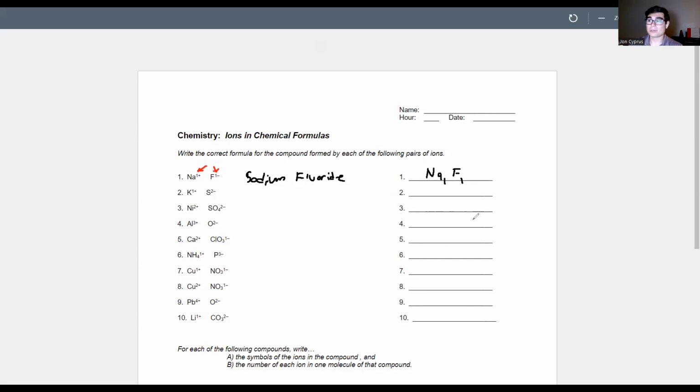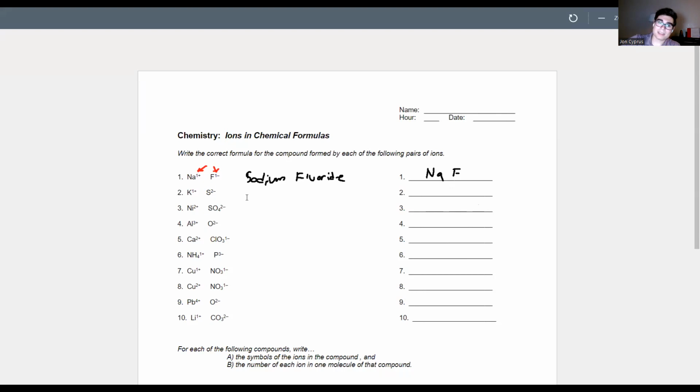I want these to be neutral, unless otherwise told that it's an ion. So this is NaF, and that's it.